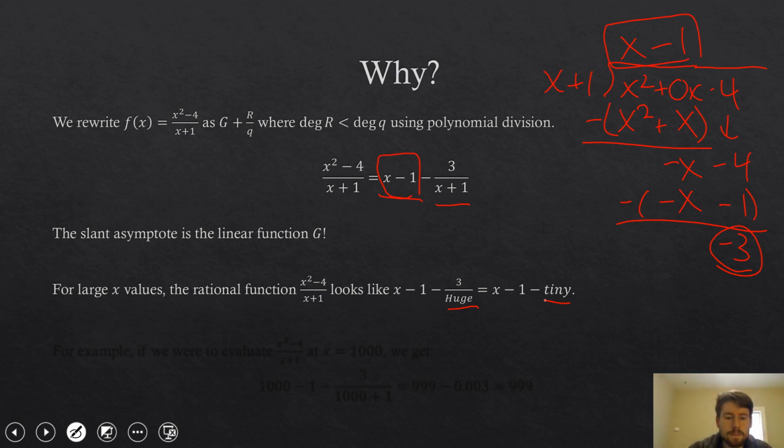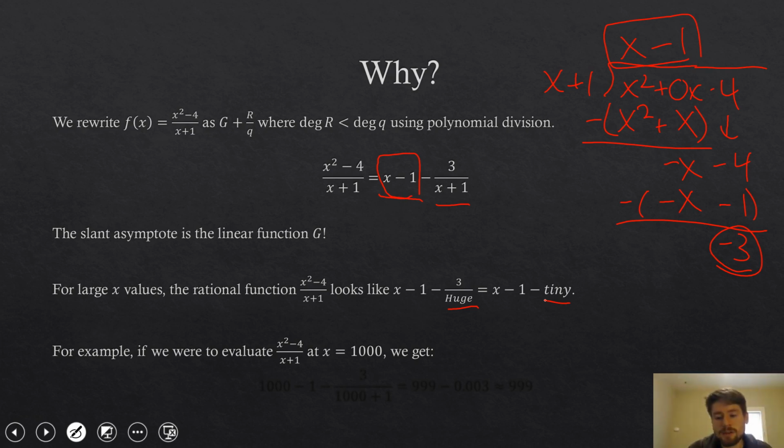For example, if we wanted to evaluate this function at 1,000, which is pretty far out to the right on our x-axis, I could plug it into the original function, x squared minus 4 over x plus 1, or into the one on the right. I'm going to use the one on the right because it really illustrates the point of what's going on here, where we have some number minus something very small.